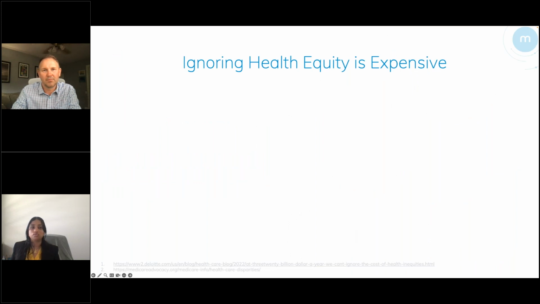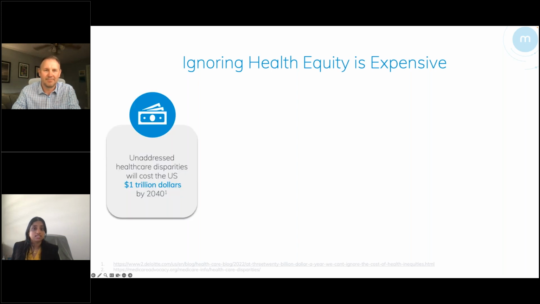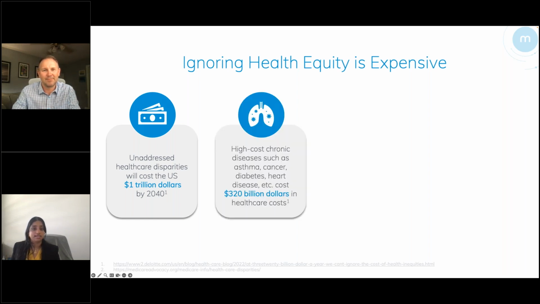And while it can feel really aspirational, and I mean really, really aspirational to address health equity, there's honestly a true economic cost to ignoring it. It's estimated that ignoring health inequities will cost the US $1 trillion by 2040. And when it comes to treating chronic conditions like asthma, cancer, and diabetes, it's rising to $320 billion in healthcare costs.